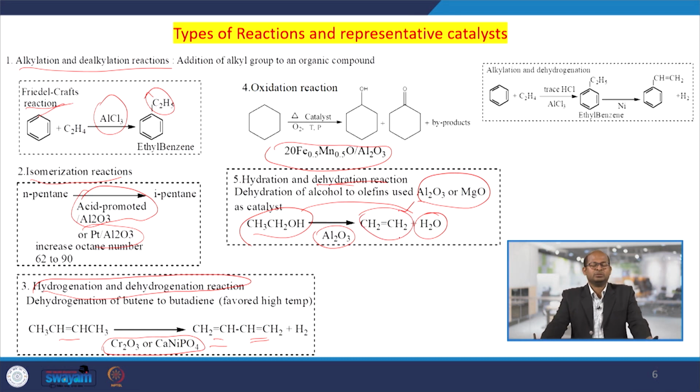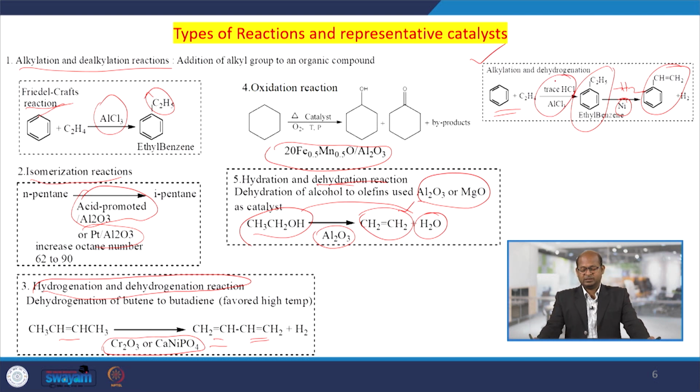Similarly, here are the alkylation reactions I already mentioned: benzene to ethylbenzene and then dehydrogenation to styrene formation. Here the catalyst is also a nickel catalyst, or an acid treated aluminum chloride catalyst we can use.